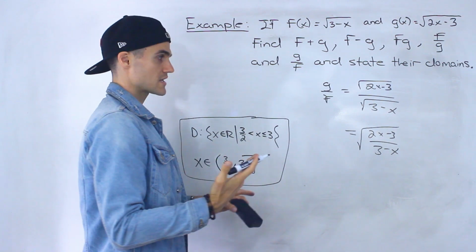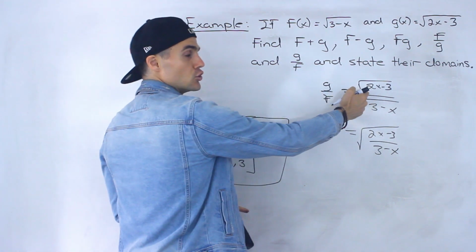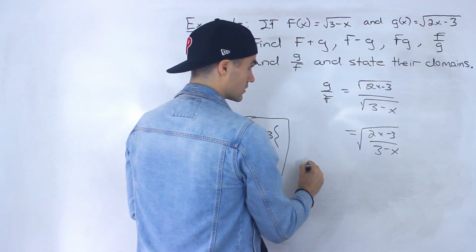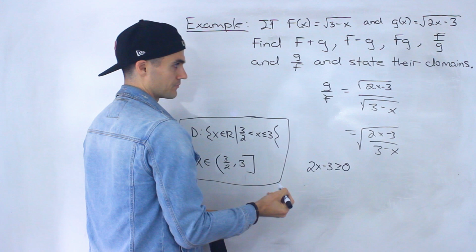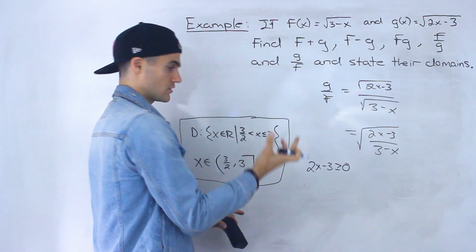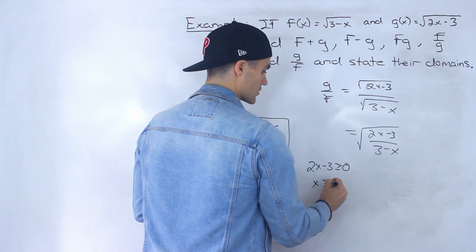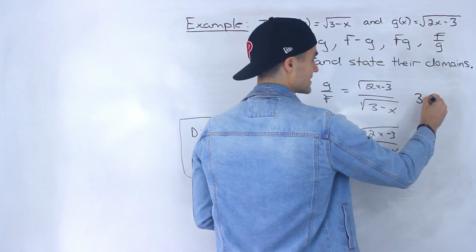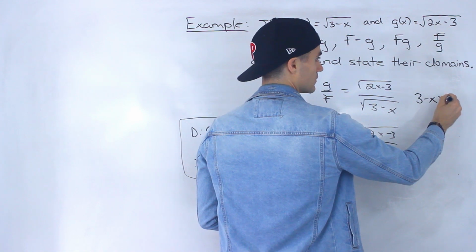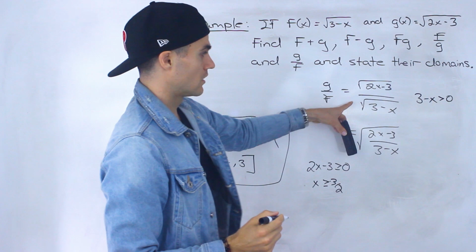Same sort of process as the previous function f over g. Basically, the numerator can be greater than or equal to 0, because you could take 0 divided by a number, so x is greater than or equal to 3 over 2. But in this case, 3 minus x can't equal 0. So we have to figure out when it is positive, right?